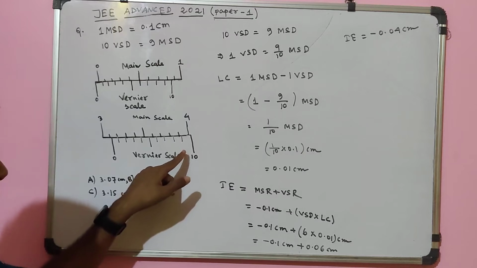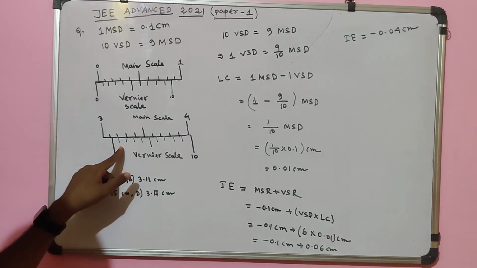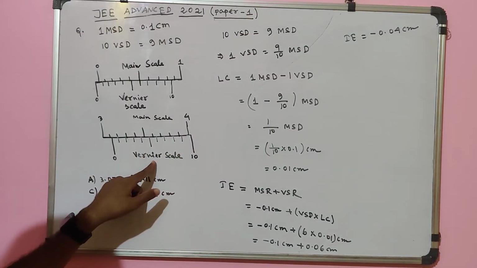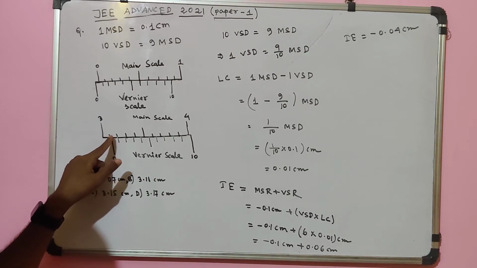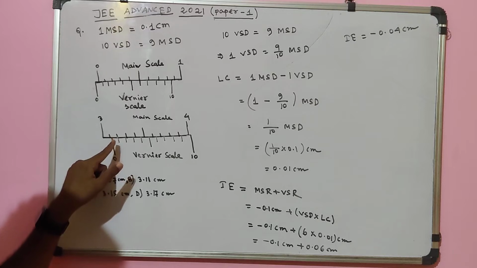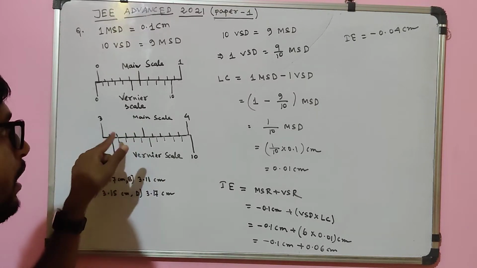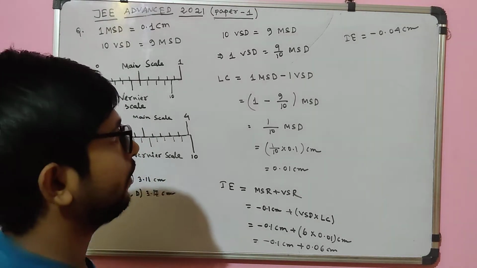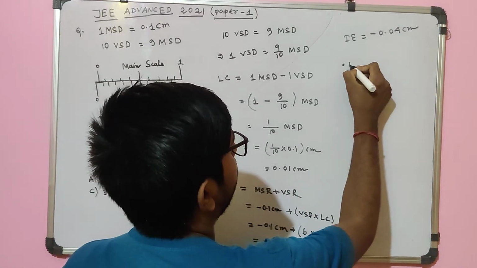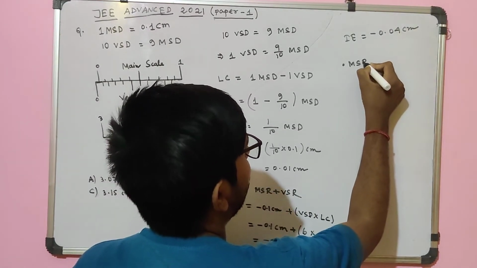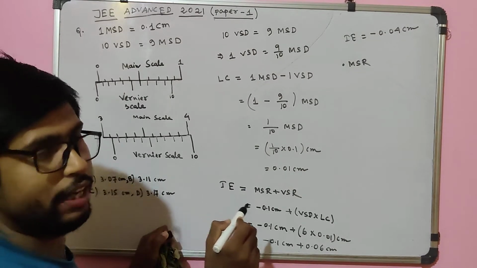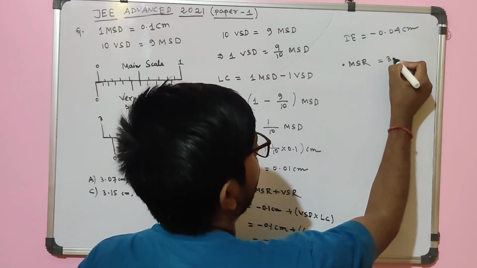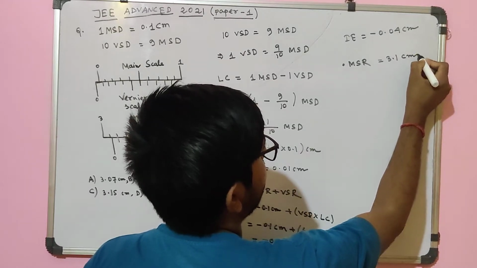Now come here. We see that the Vernier scale 0 is crossing 3.1 on the main scale. So from here we can clearly see the main scale reading is 3.1 centimeters.